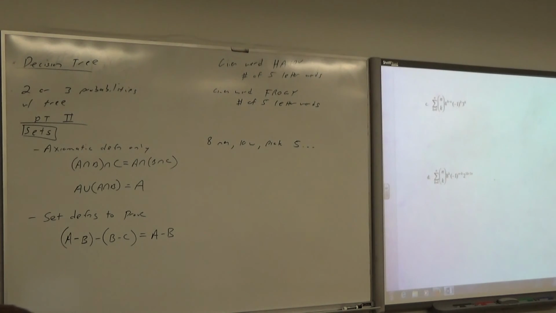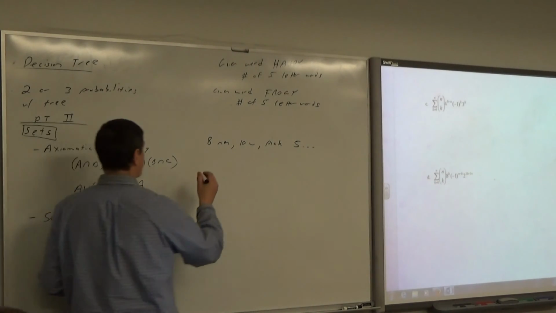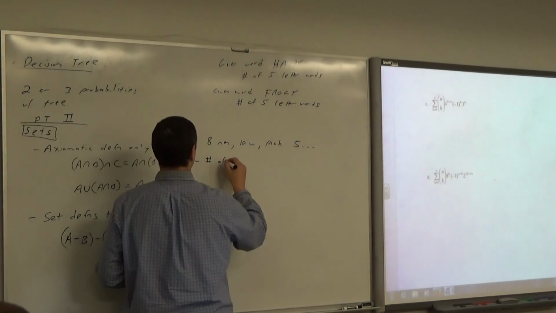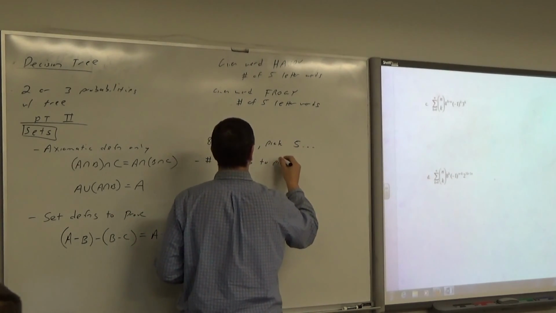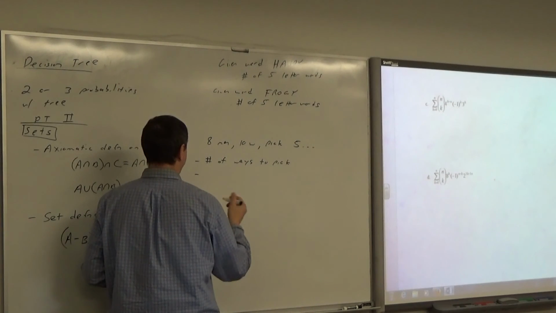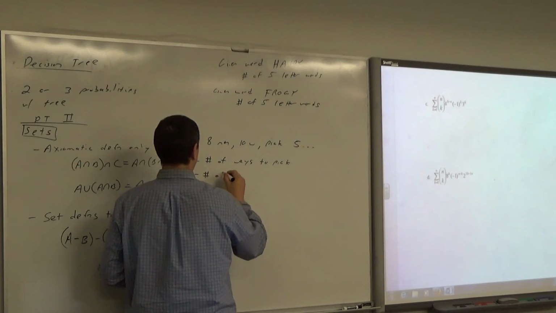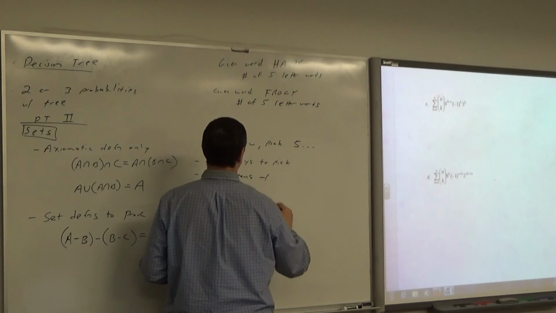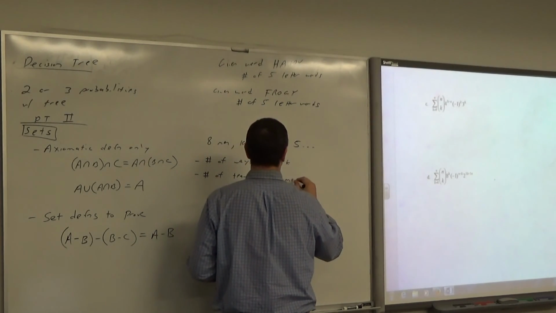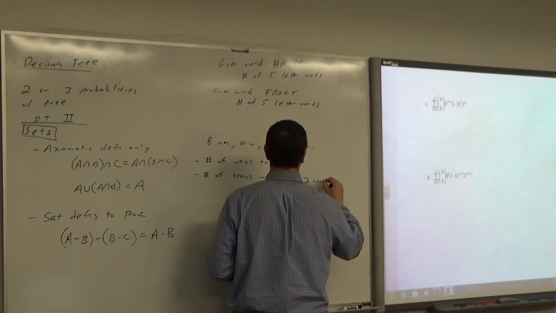So for instance, I might ask you guys to say how many ways can I pick the people? Number of ways to pick. Number of teams with 3 men, 2 women.